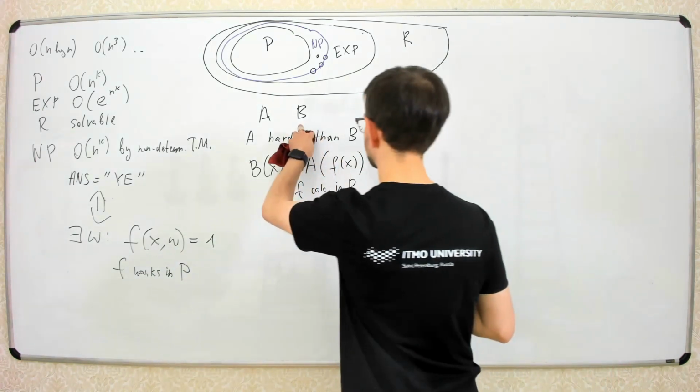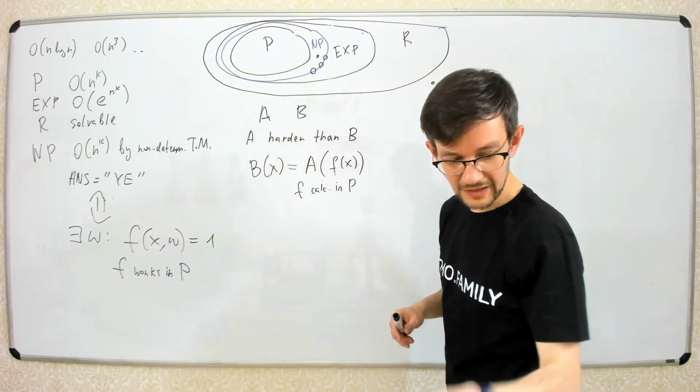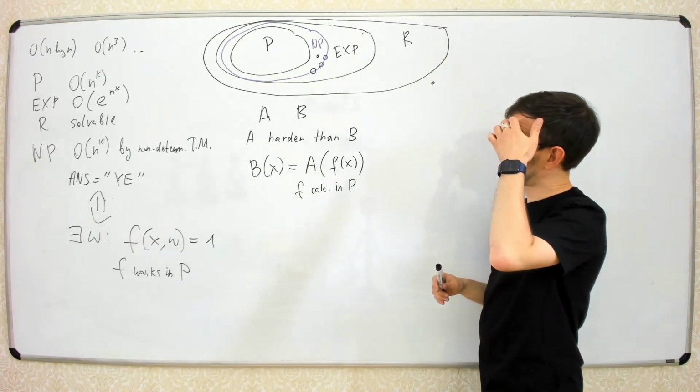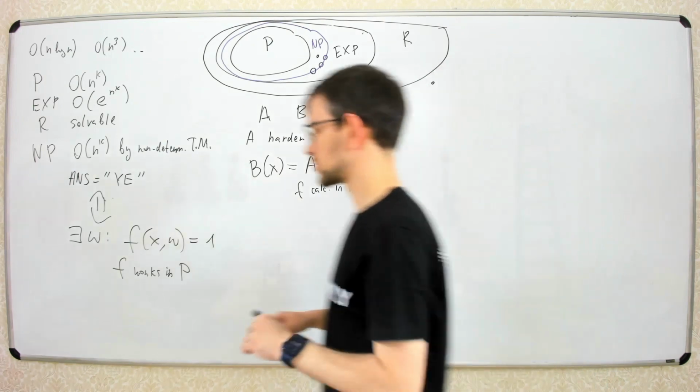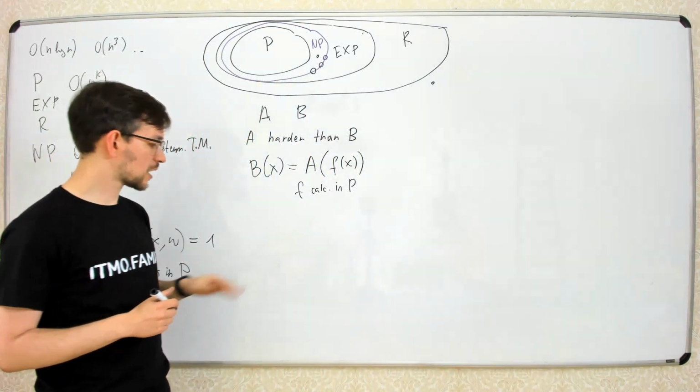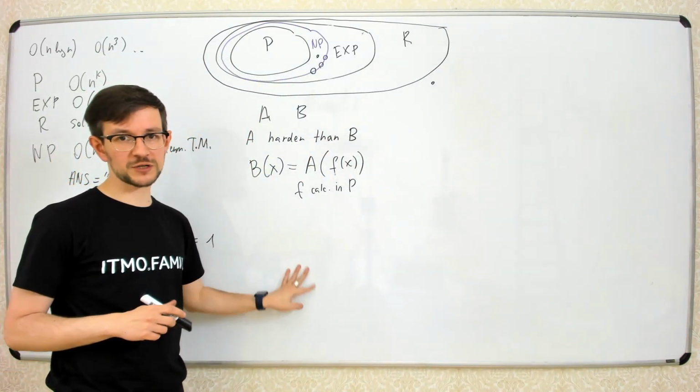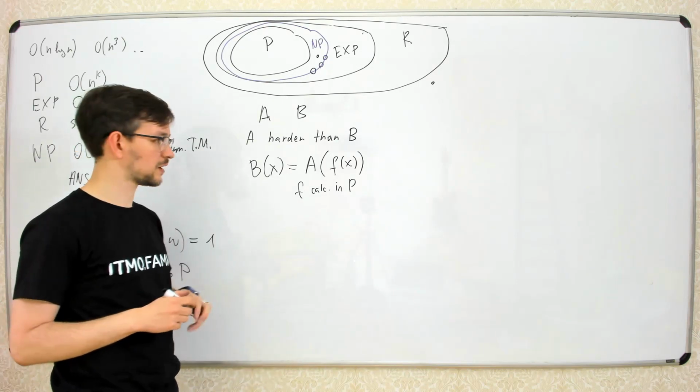Now, let's make an example. I know that finding a Hamiltonian cycle is in NP, right?